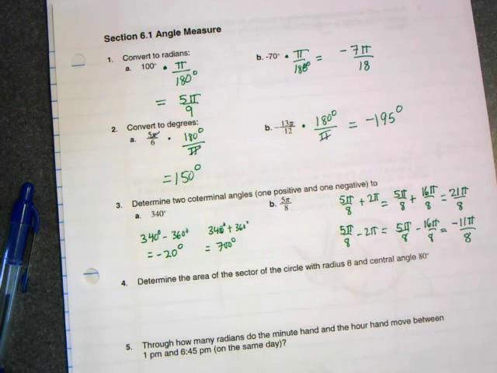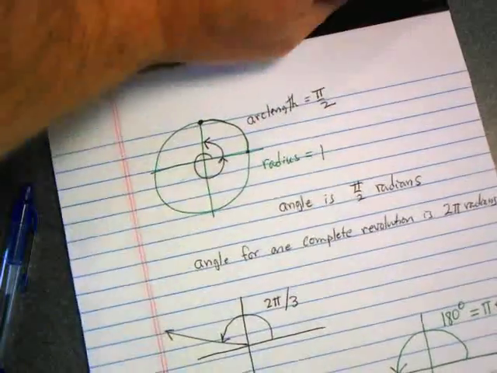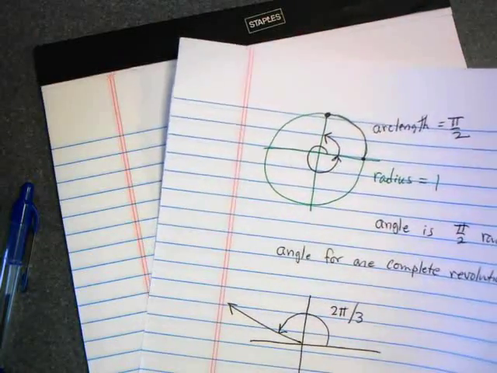All right, find the area of a sector of the circle. Okay, we need a couple more formulas here.